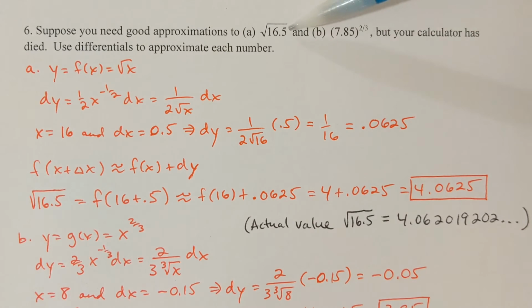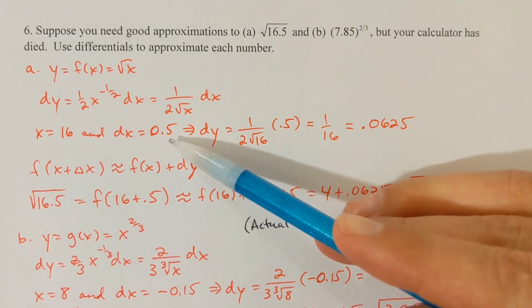Because I know the square root of 16, that's easy, that's 4, right? 16 is close to 16.5. So you want to select a number, x, that you can know the value of without a calculator, is the idea. x is 16. dx is 0.5.